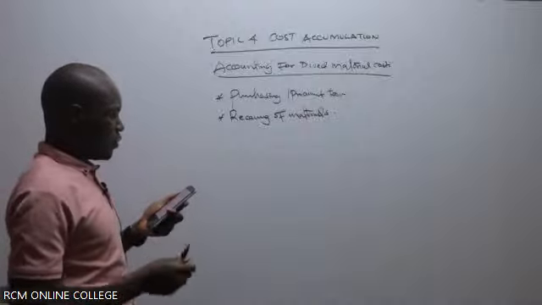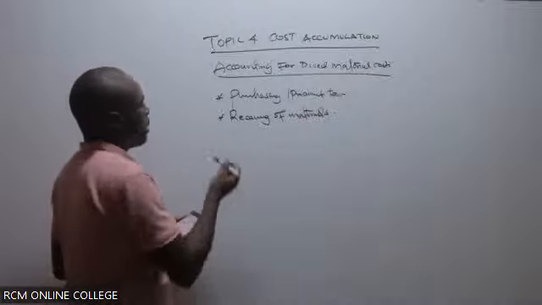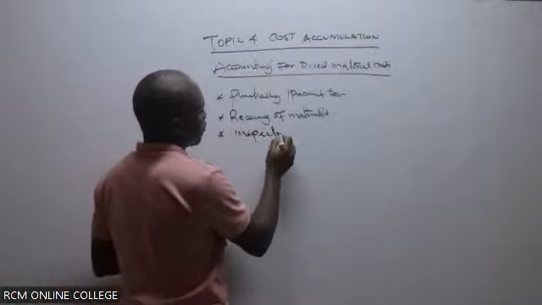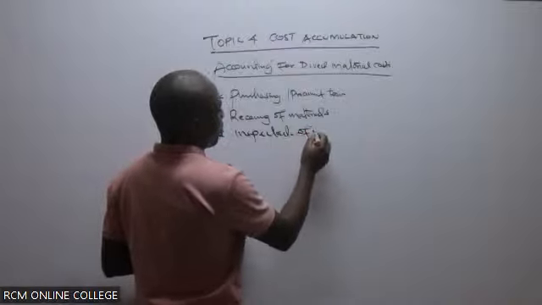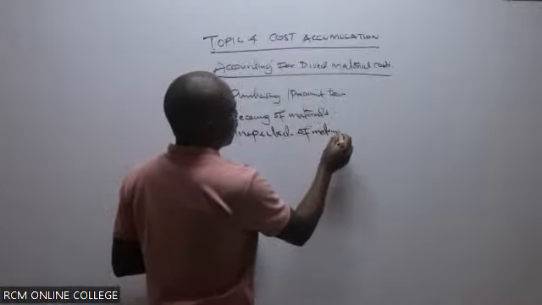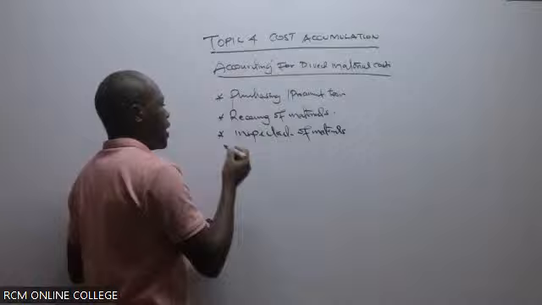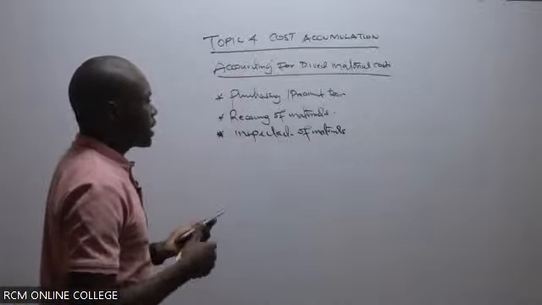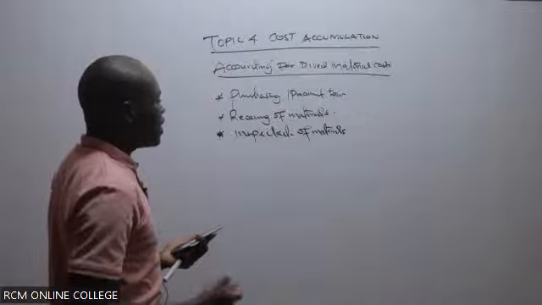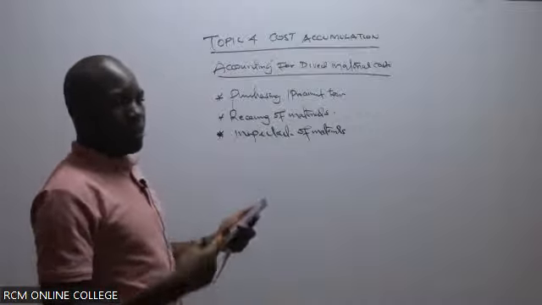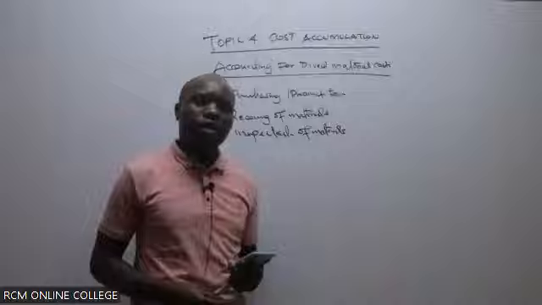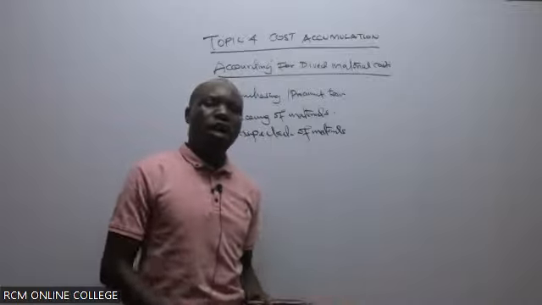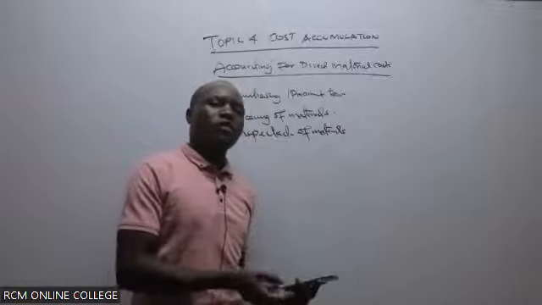Then you're also able to see what we call inspection of materials. Here, after these people have received, yes, they accepted, but at any given time, are you able to just appear without any notice at the store and tell them, please, let's look at the quality of what we have, or even the quantity of what we have in the store?